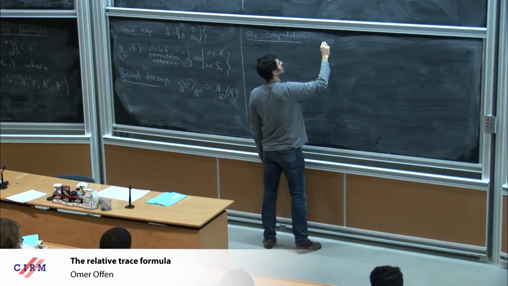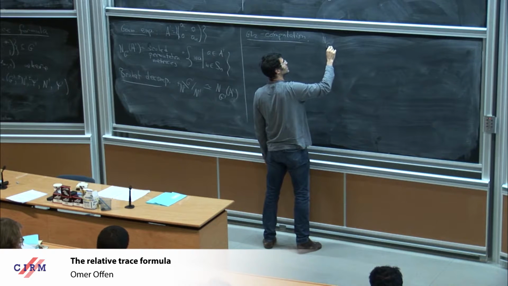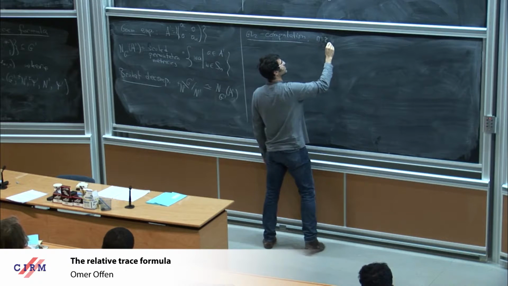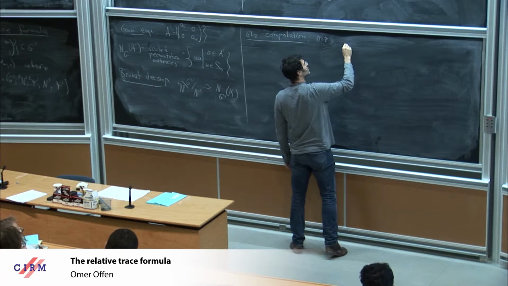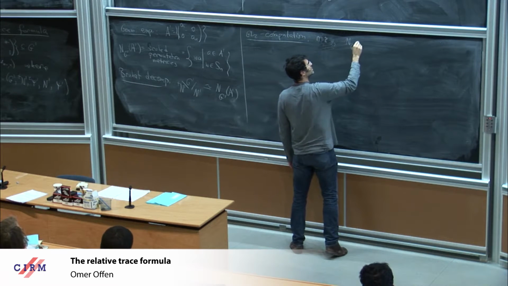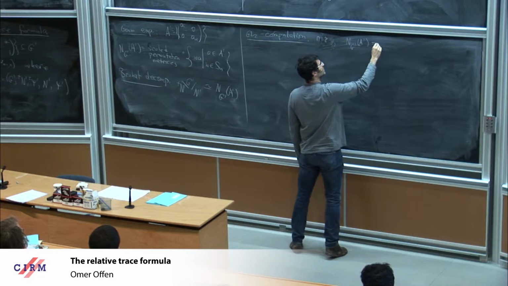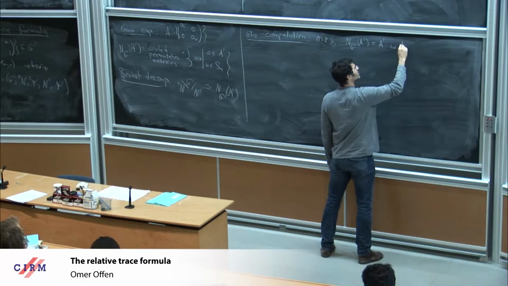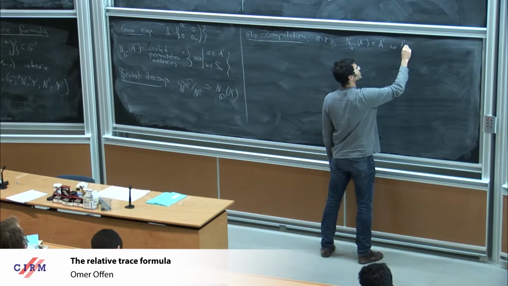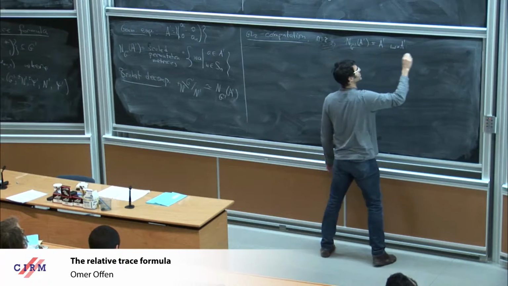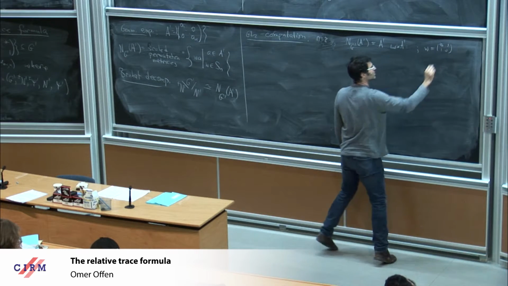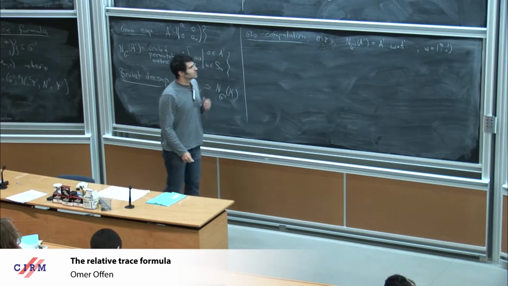So we look at N equals 2, and now the normalizer of the torus is really the torus itself union with A prime W, where W is the long Weyl element.